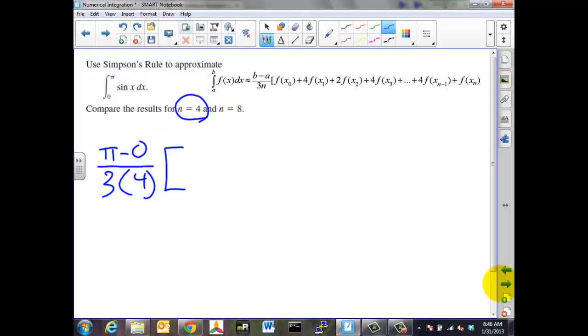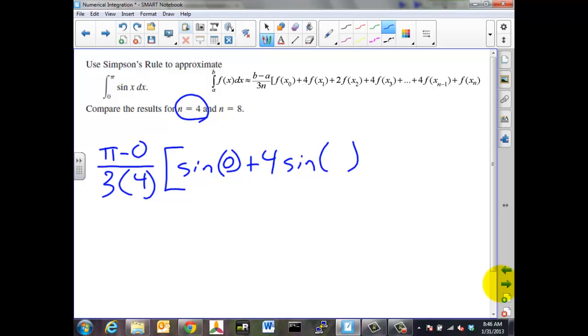Well, the first one is where we're starting. So we're talking about the sine of 0 plus 4. What's going to be the function value we put in the next time? Pi over 4. Is everybody comfortable with that?